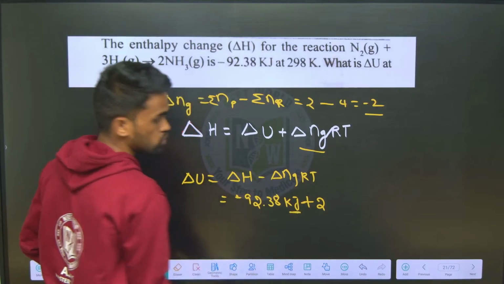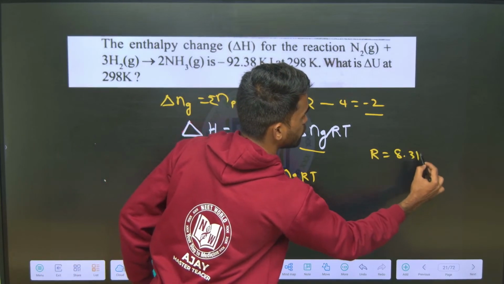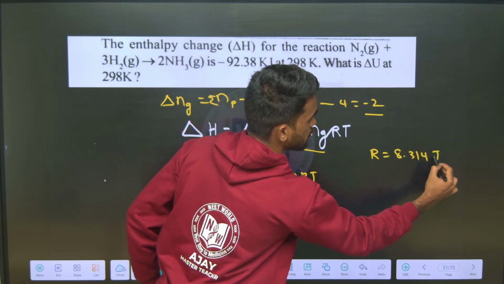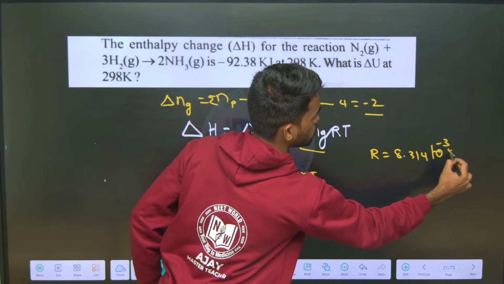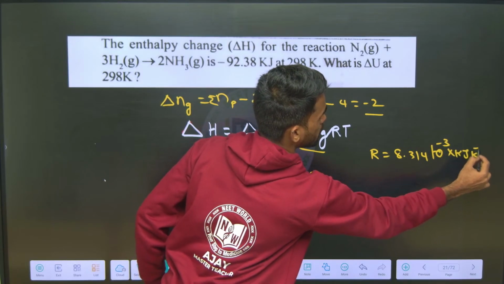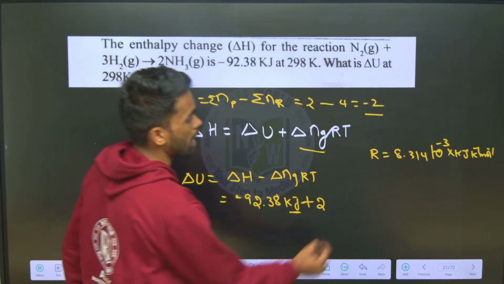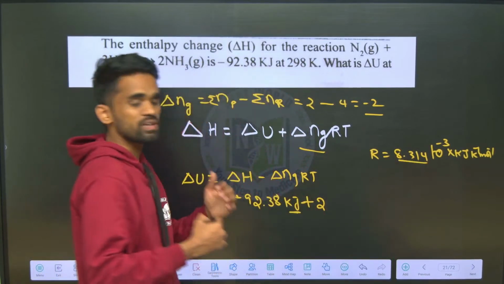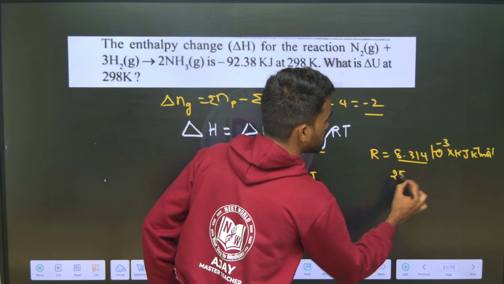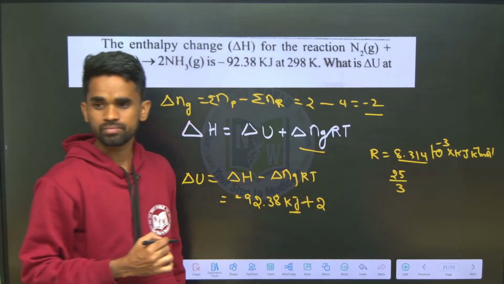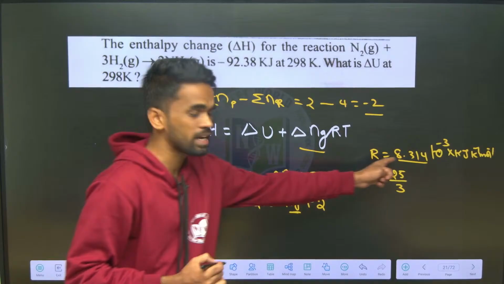And what R value should I take here? See, it is in kilojoules now. So you can take R equals 8.314 joules. I want kilojoules, so you can write 10 to the power minus 3 kilojoule per Kelvin per mole. You can take this as the universal gas constant value. Now for simplification purposes I am writing 8.314 as 25 by 3. 8 threes are 24, so we get an approximate value.